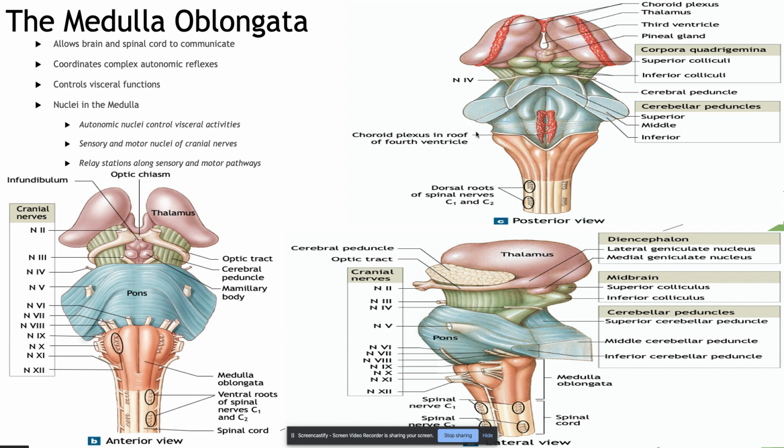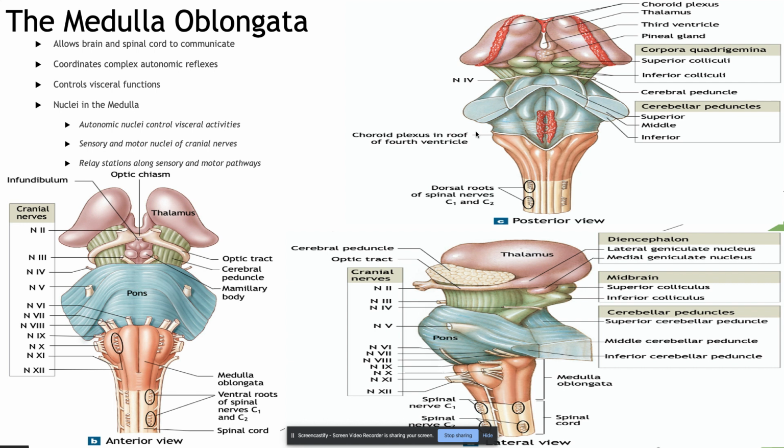The medulla oblongata is a very busy place. So all communication between the brain and the spinal cord involves tracts that ascend or descend through the medulla oblongata. In addition, the medulla oblongata is a center for the coordination of complex autonomic reflexes and the control of visceral functions.